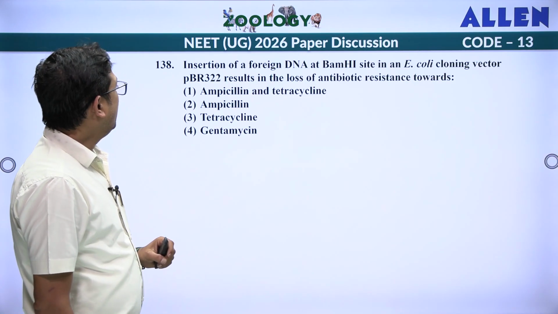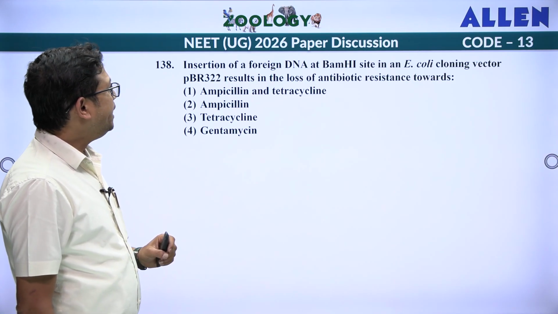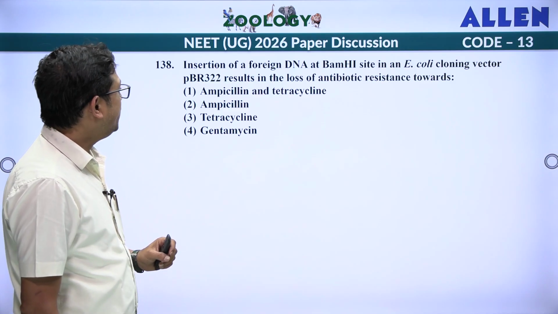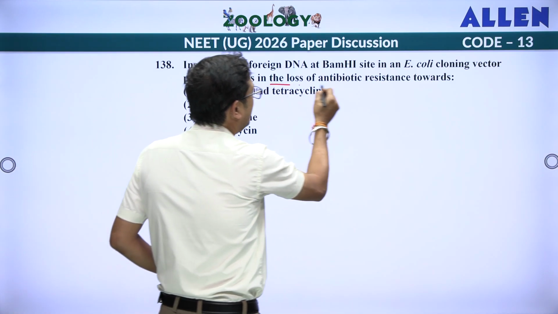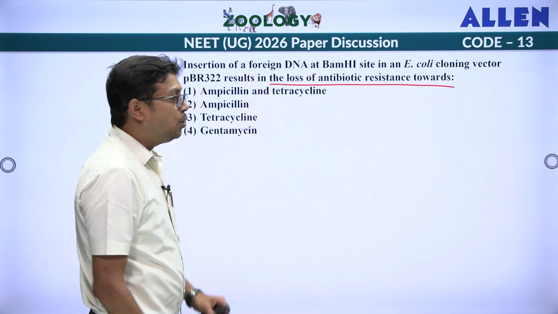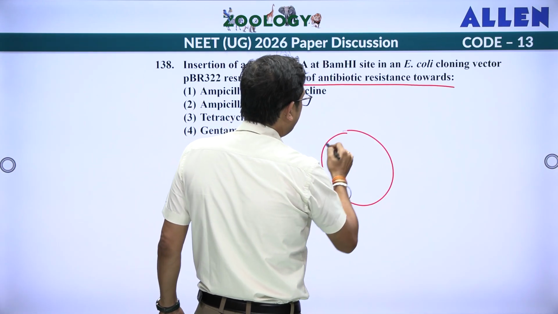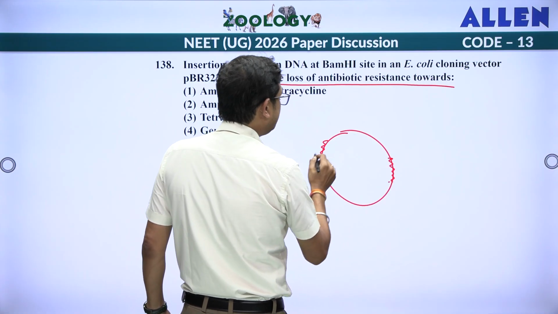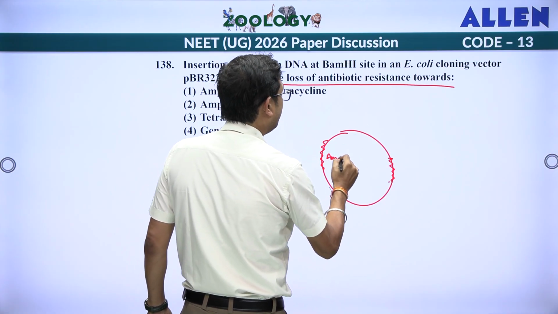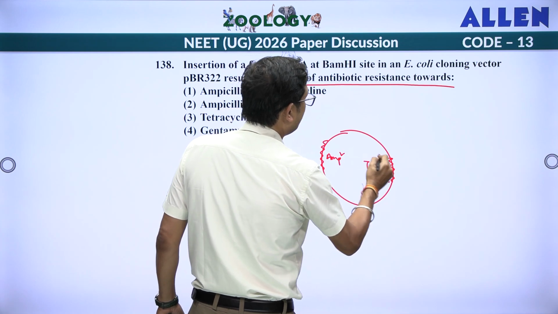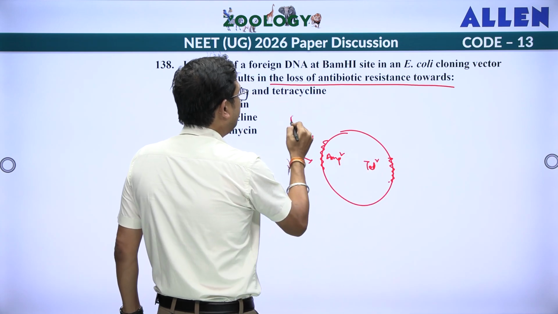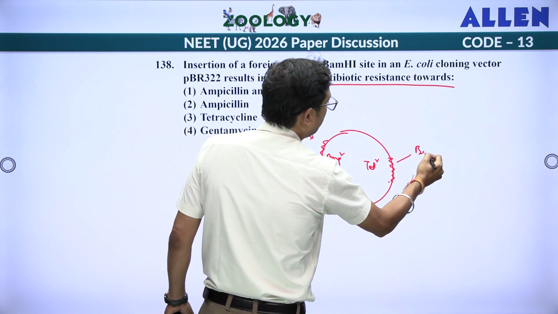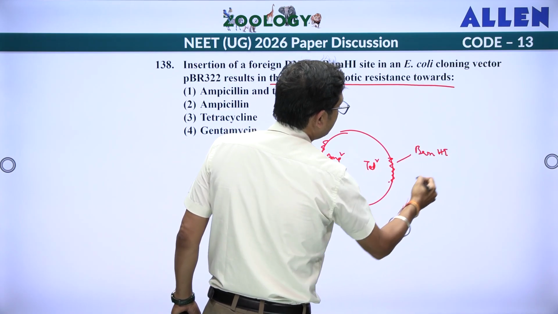Next, insertion of a foreign DNA at BamHI site in an E. coli cloning vector pBR322 results in the loss of antibiotic resistance towards. You know that in pBR322 there are 2 antibiotic resistance genes, that is AmpR and TetR. AmpR has PstI and PvuI sites, whereas TetR has BamHI and SalI, right.